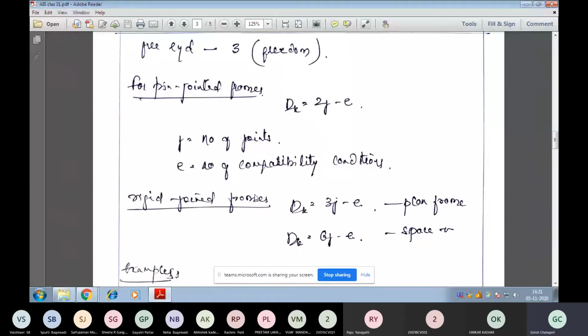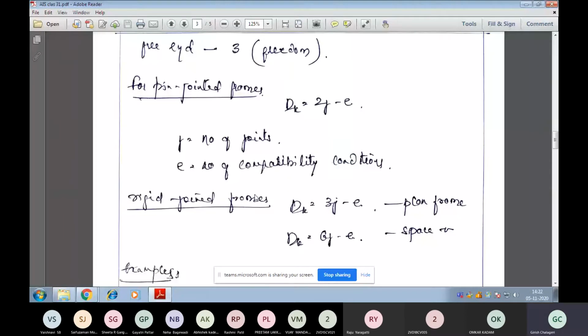For a space frame, space means it will be three-dimensional, for that we take dk equal to 6j minus E. J stands for joints and E stands for the number of unknowns, not equations. E stands for the number of unknowns in that structure.